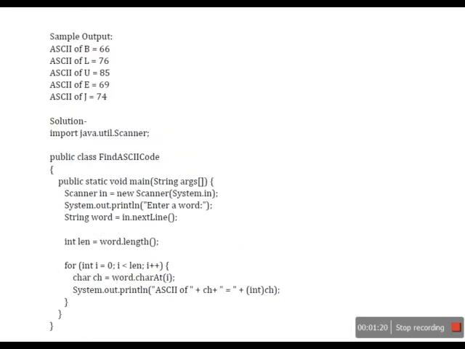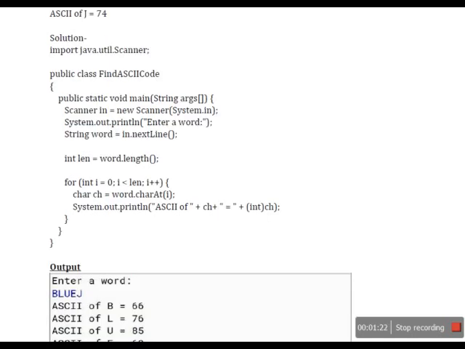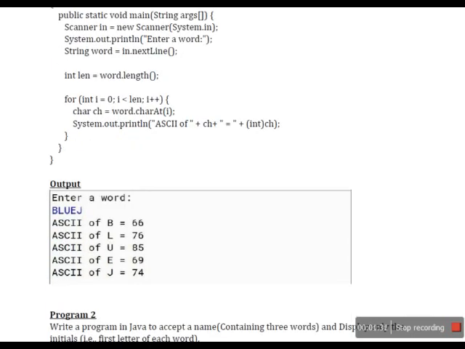After this we need to print the ASCII value of each character. That means we have to visit each and every character. For that we need to know the length of the string, in order to know how many times we have to print the ASCII value.